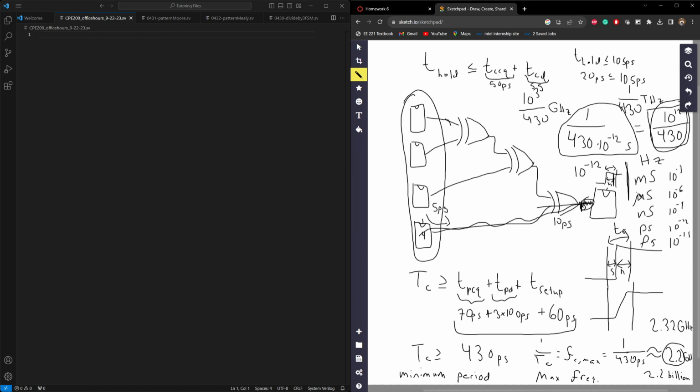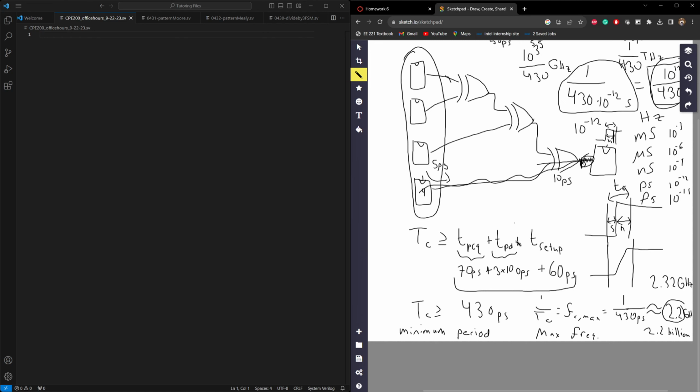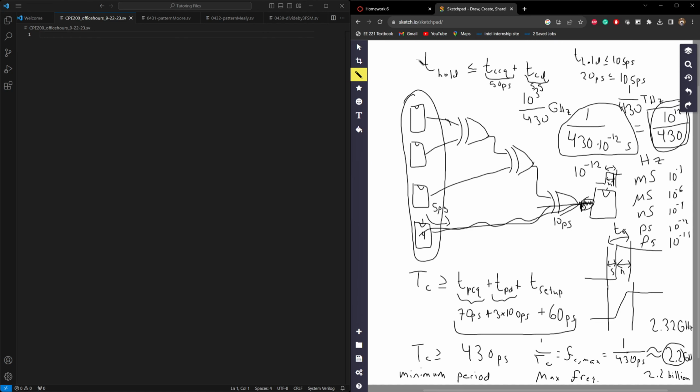Okay. So very good question. But that's kind of the purpose of these two equations. This is just to check if anything's going to work at all, because if you have it so that your fastest possible path violates the hold time constraint, it doesn't matter what clock cycle you choose, the hold time constraint is going to be violated all the time.